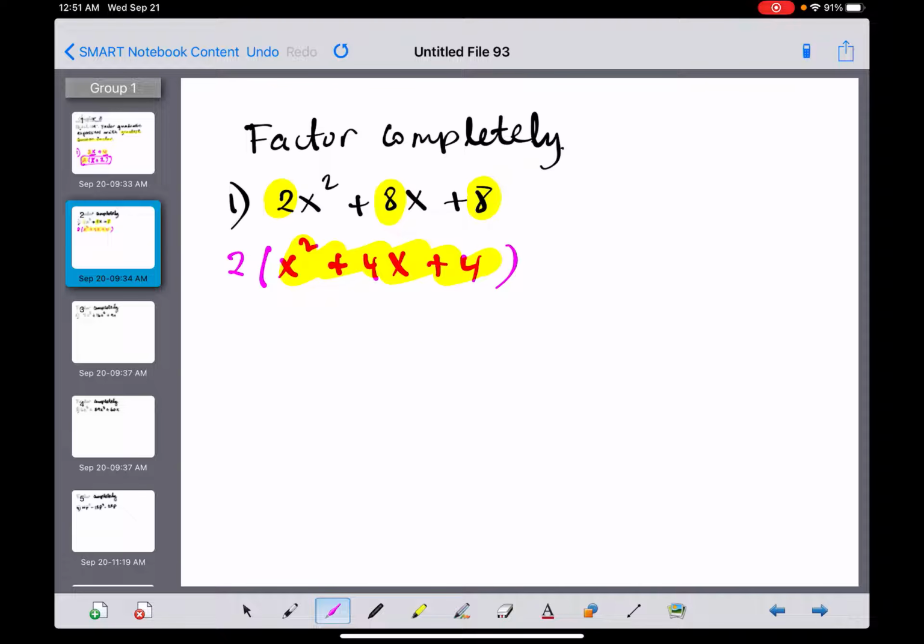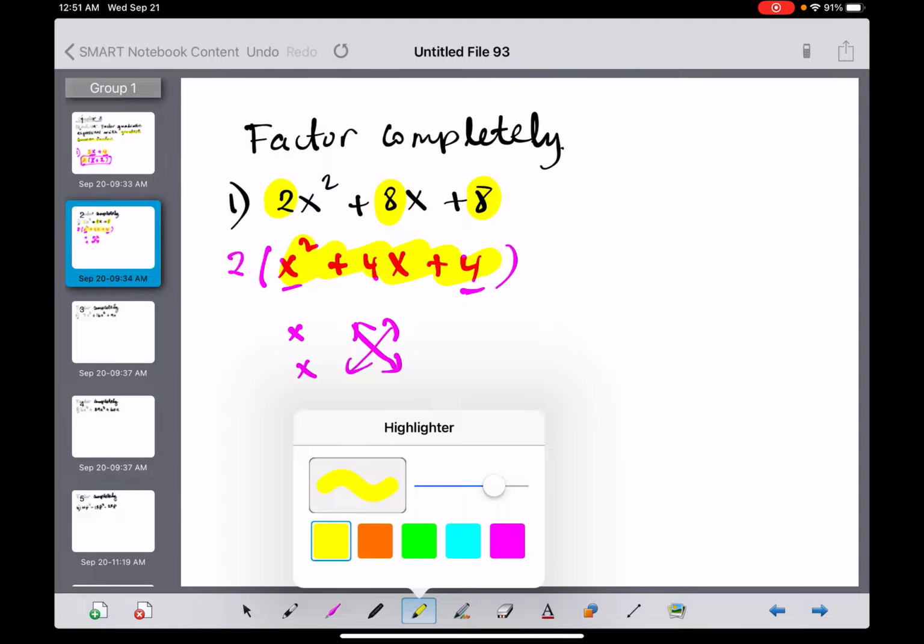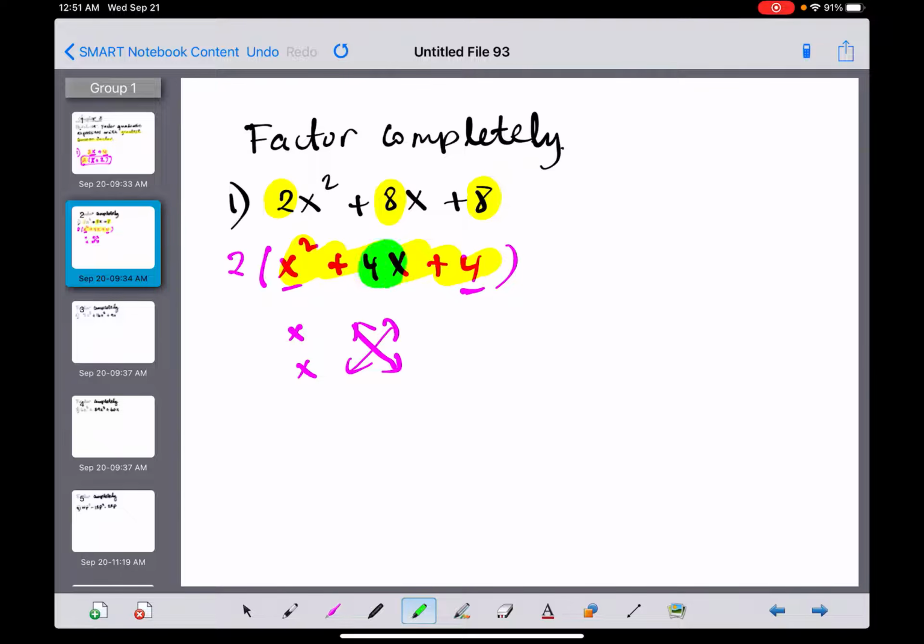So you look at the first term, which is x and x, and then you look at the last term, which is positive 4. But when we check, it needs to give us 4x, okay? So our guess could be, since they're all positive, our factors could be 2 and 2 or 4 and 1. But my guess is 2 and 2, okay? So let's test it out.